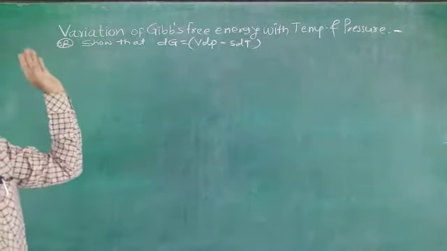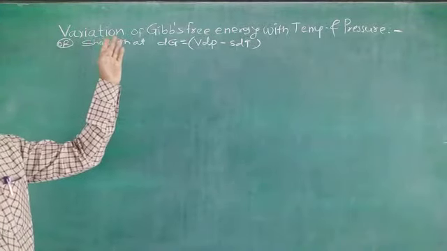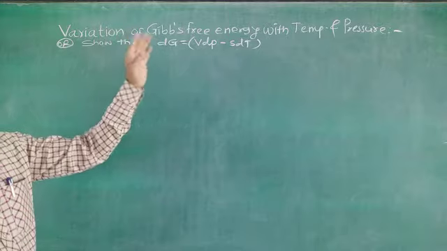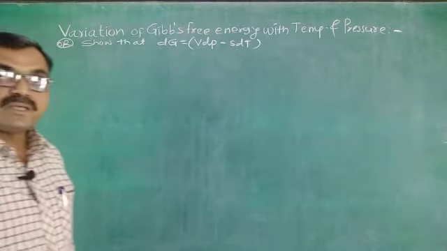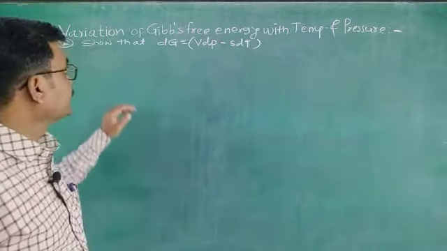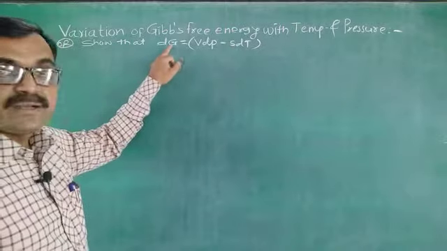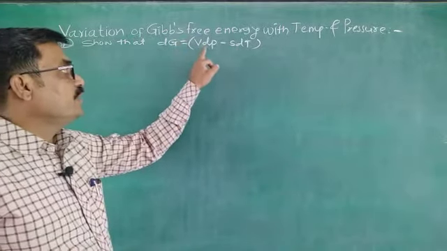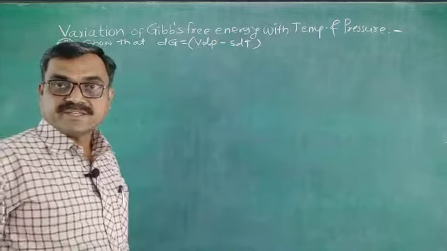This explanation of the variation of Gibbs free energy with temperature and pressure is also asked in examinations as: show that dG equals VdP minus SdT.